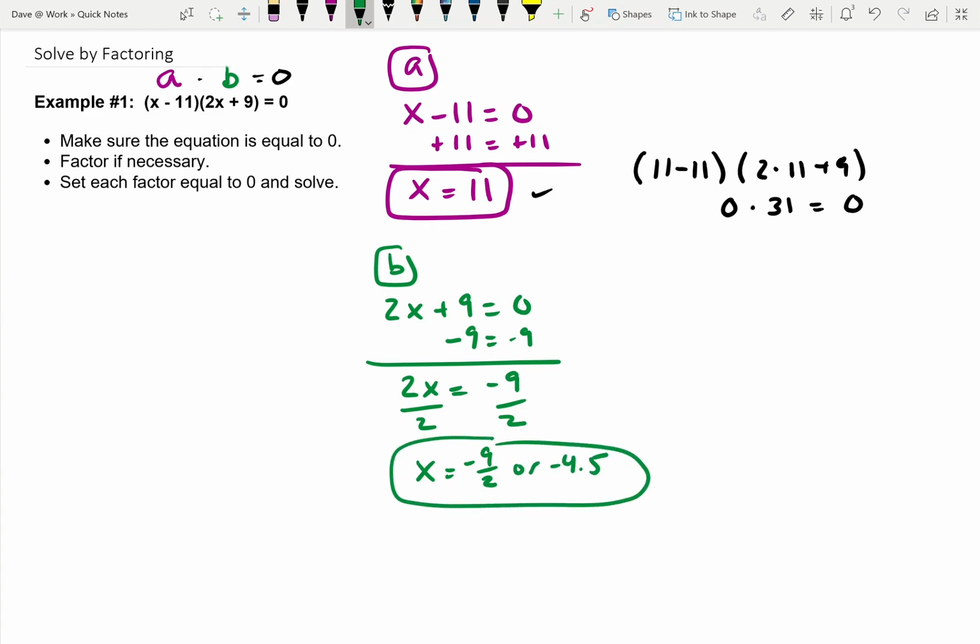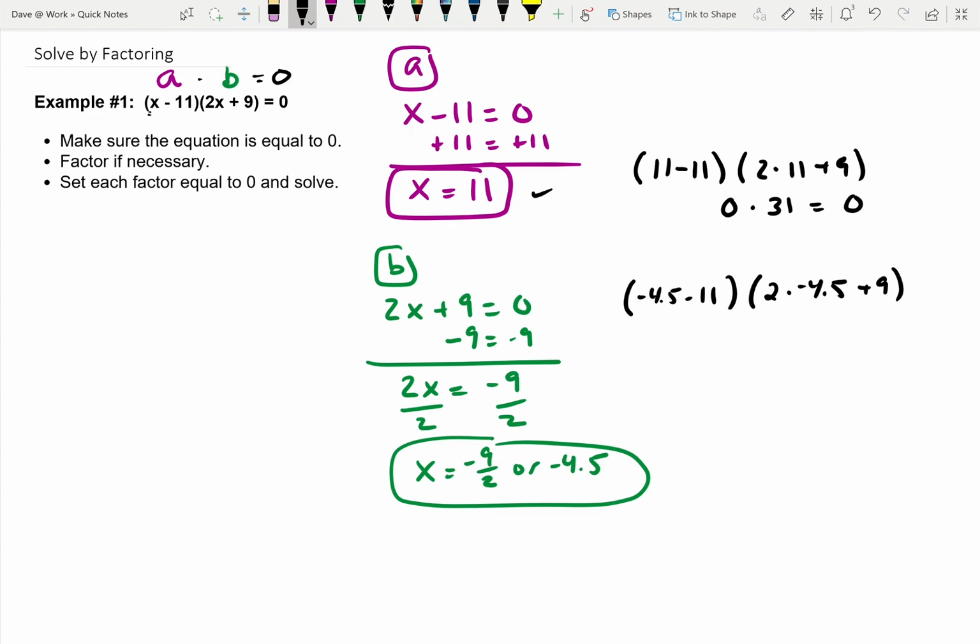I know this is going to work, but just to show you that it will, let's take negative 4.5 and subtract 11, because I'm literally putting in x, here's my x, into that spot. Then I do the same thing where I go 2 times negative 4.5 plus 9.